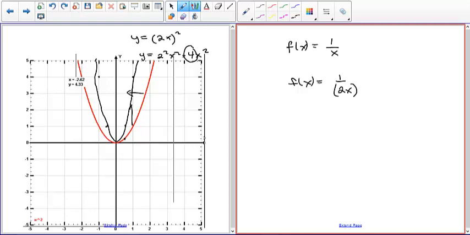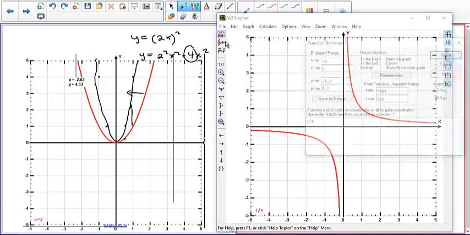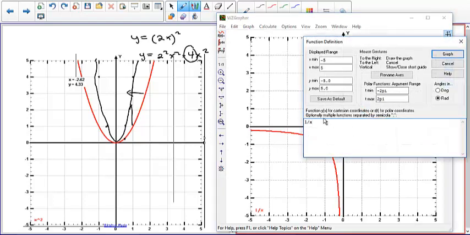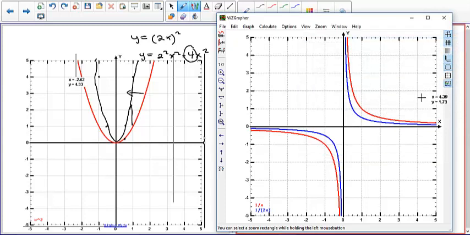So let's just see what it looks like. So if I do 1 over 2x, I'm going to put it in parentheses or it won't do, right? Okay, now graph it. Actually it does. Okay, so it does push it up against here. So this point goes from 1 to a half. This point would go from 2 to 1. So we are shrinking it just like we did.